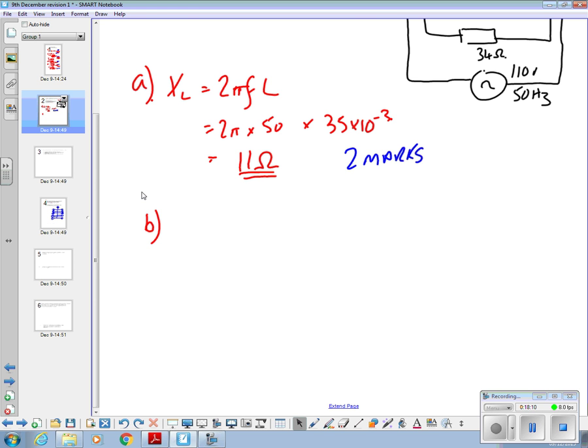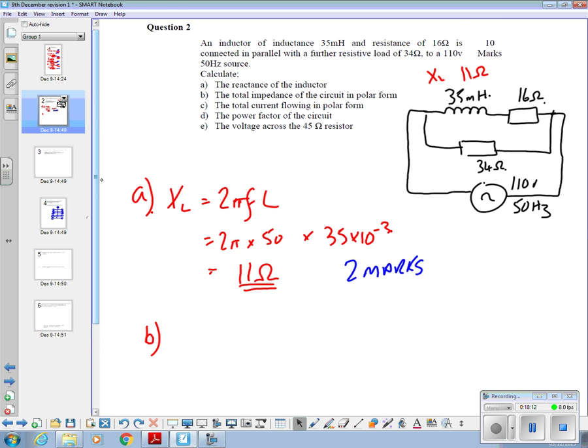You've done product over sum just on the 2 resistors. Yeah. You can't do that because those 2 values are in series, and that series combination is in parallel with that.